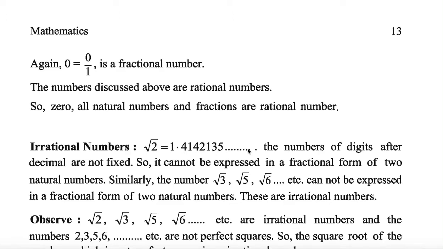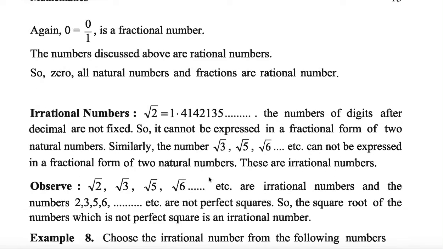The decimal points are not recurring, and they keep on continuing, right? They keep on continuing up to infinite. That is the problem here. You have seen the problem here. So these numbers are called irrational, where the decimal points are not recurring and continuing.